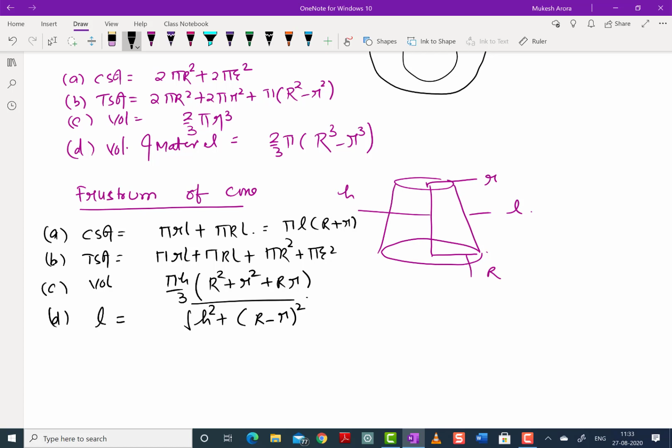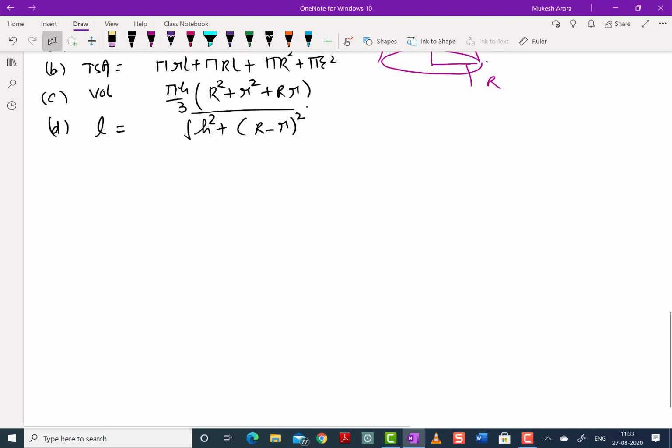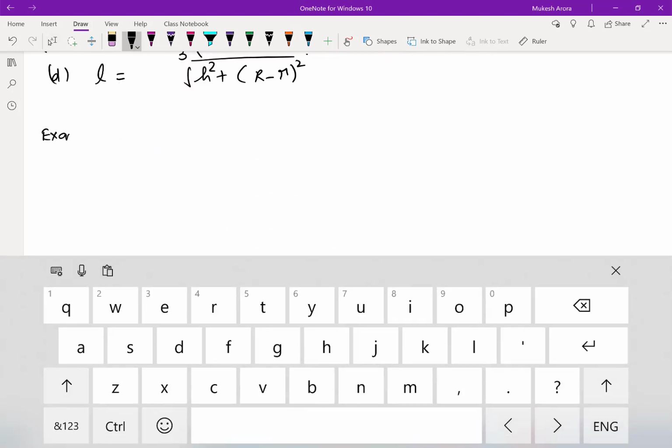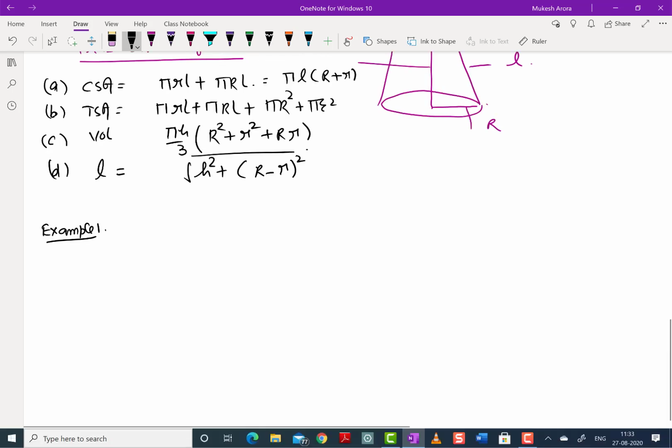Now we'll do a few sums related to this. The first example in this is: Mayank made a bird bath in a garden in the shape of a cylinder with a hemispherical depression.